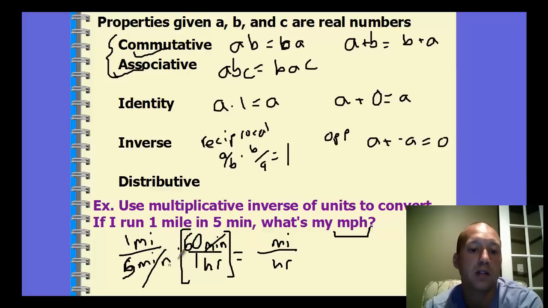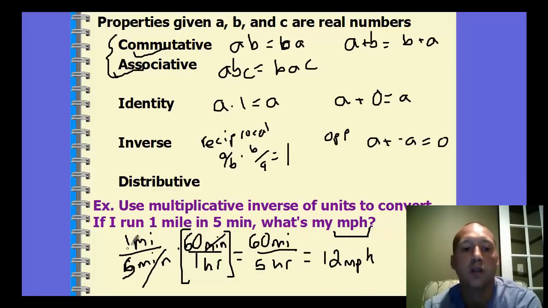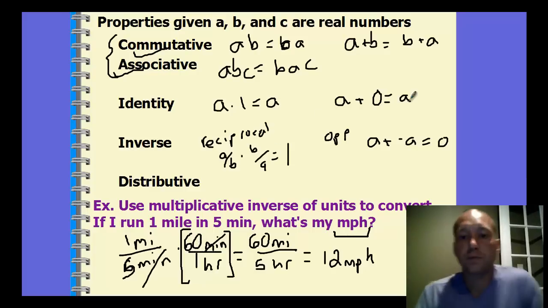In minutes, those reduce out because I have minutes on top, minutes on bottom, which is 1. Now if I multiply straight across, I get 60 over 5, which in mental math, I know is 12 miles per hour. So when I run my mile in 5 minutes, I'm actually running 12 miles per hour.